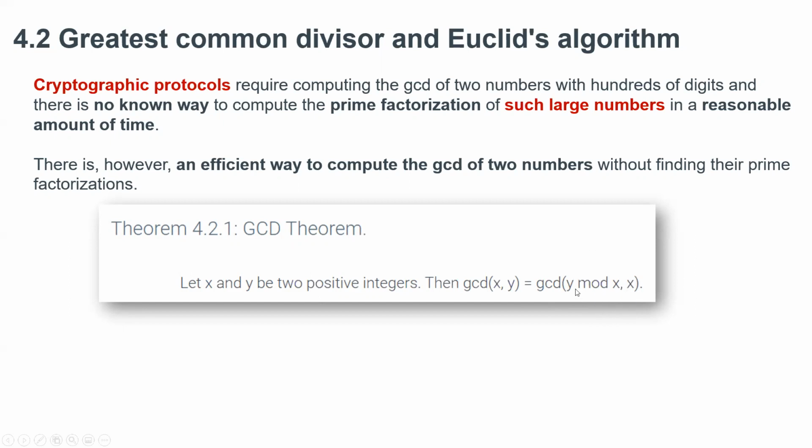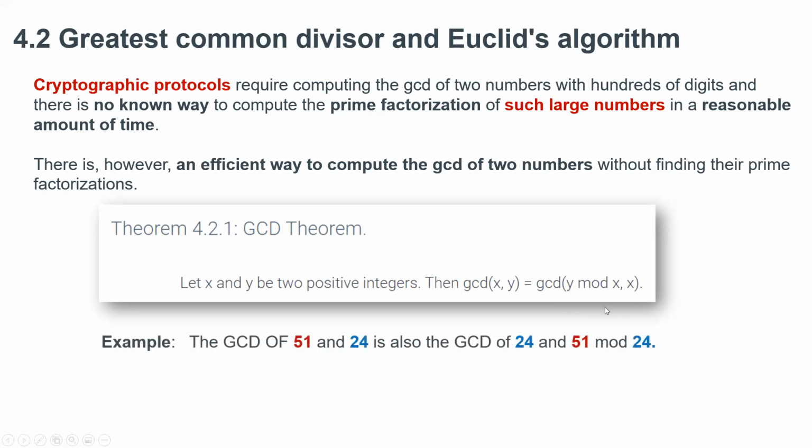What are these two other numbers? One of them is one of the original; see, the X was in both. But the other one is not the other original, but it's that other original mod the first original. So it's Y mod X. That is another number we can substitute in instead of Y, and we can find the GCD of these two new numbers, and it'll end up being the same GCD.